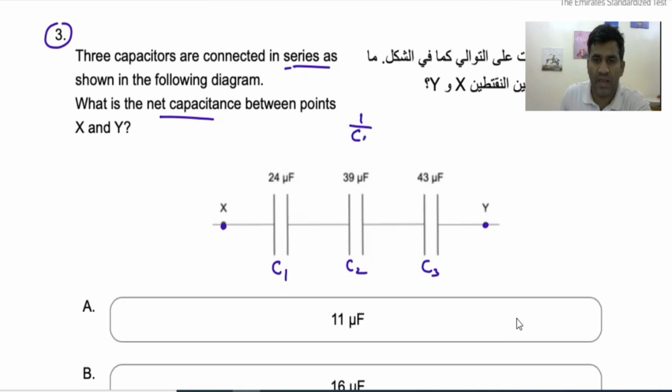So 1 by Cs, the total capacitance in series, is equal to 1 by C1 plus 1 by C2 plus 1 by C3. This is the formula when the capacitors are connected in series. So what will be this?